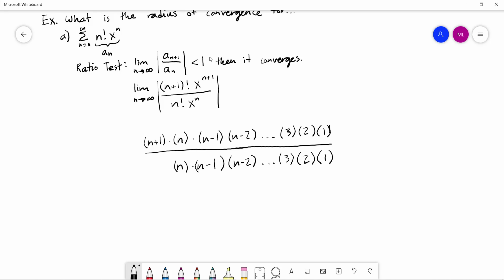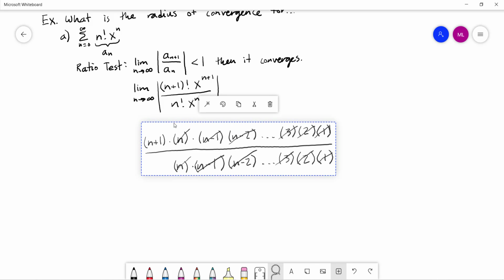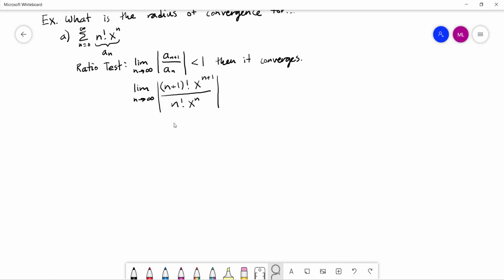So I'm going to erase this in a minute, but we get cancellation of those two terms, those two terms, those two terms, and so on all the way down to the bottom. And all that's left out of this, when I take n plus 1 factorial and divide it by n factorial, is n plus 1. So just a quick reminder of where this simplification is going to come from. Let me delete that real quick. But what I've got now is the limit as n goes to infinity of n plus 1.